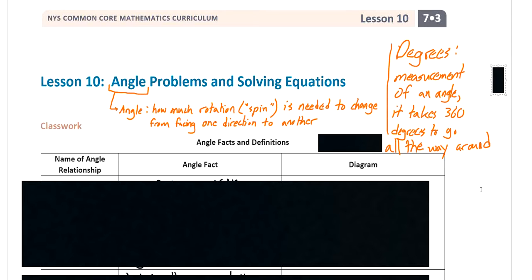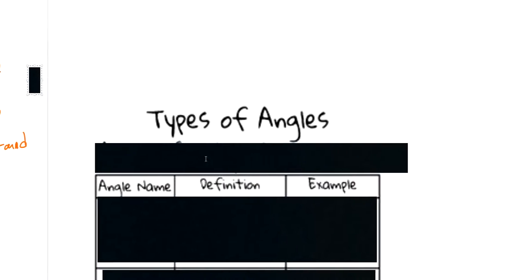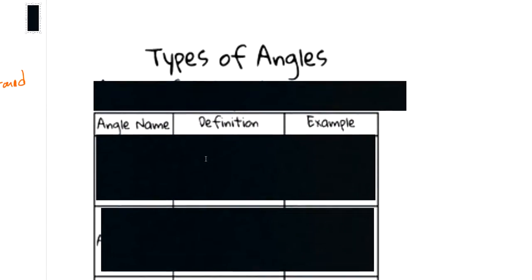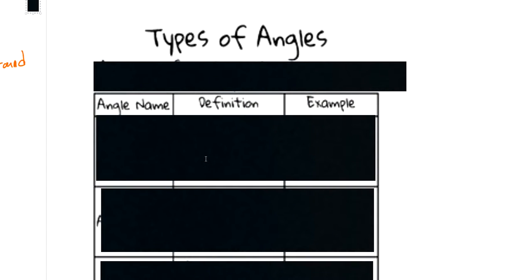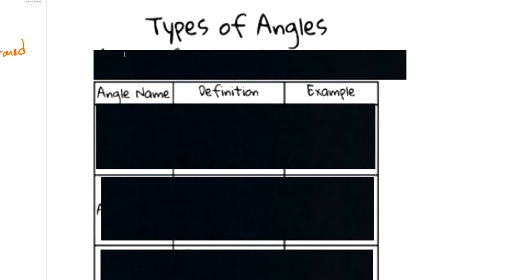Everything's based on that. So before we get into this chart here, we need to do a little review on angles. So on a separate sheet of paper, we're going to set up our own types of angle review chart. You're going to have to put the types of angle at the top of it as your title. You're going to need to save 2 lines underneath it for a little definition.